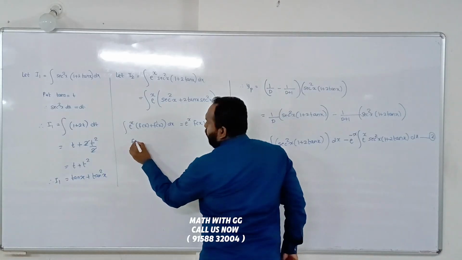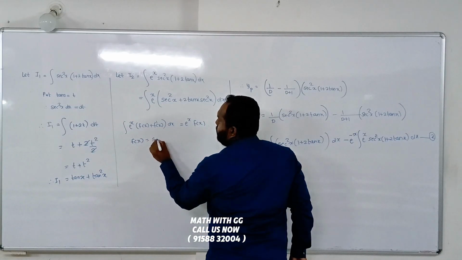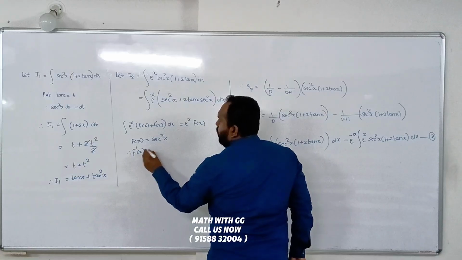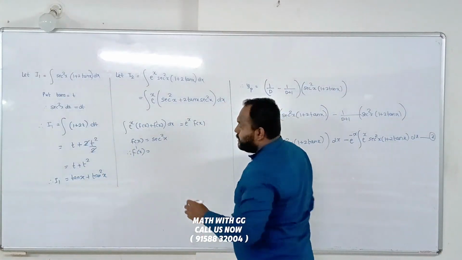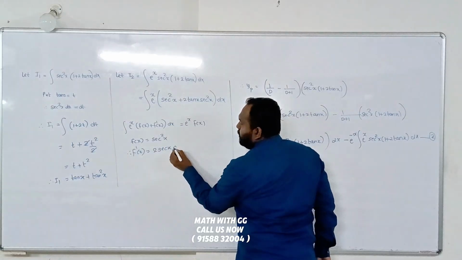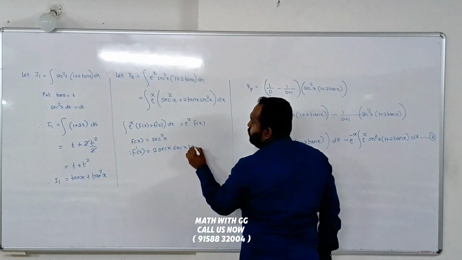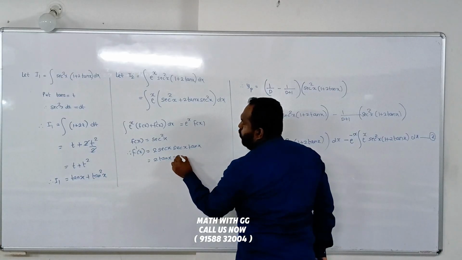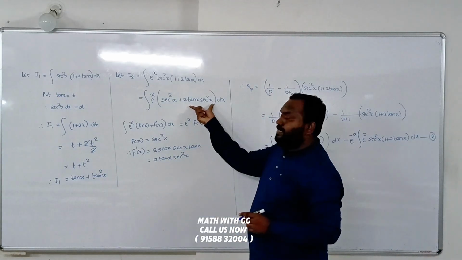So if we call f of x as sec square x, therefore f dash of x will be 2 sec x into sec x tan x. So that is nothing but 2 tan x sec square x. That is the second term.